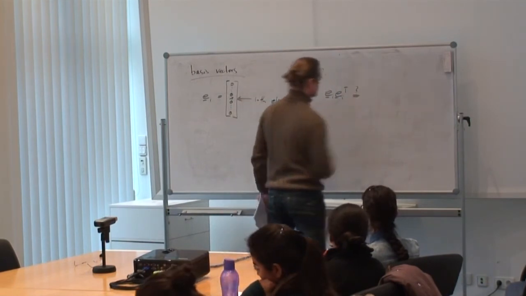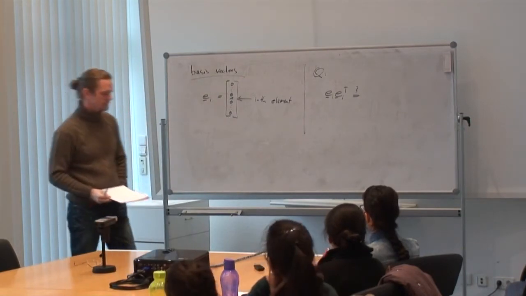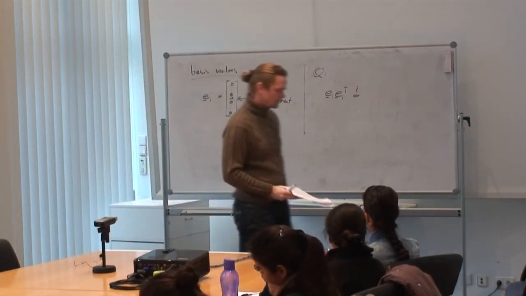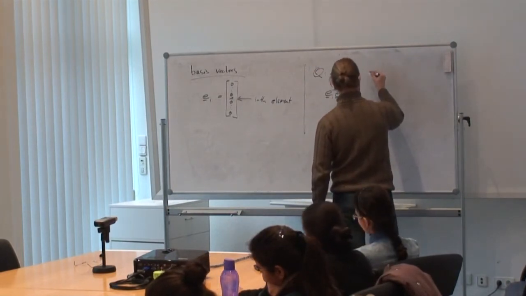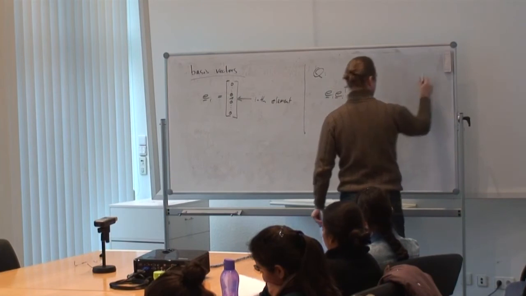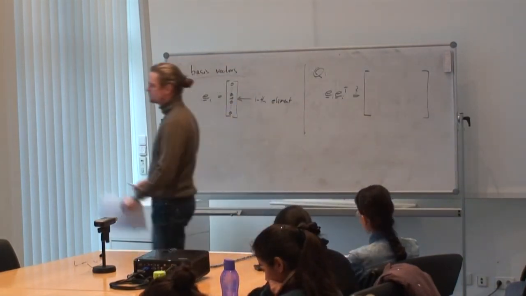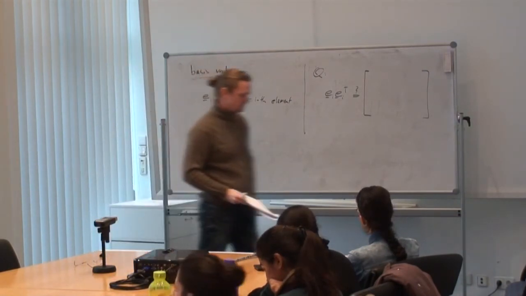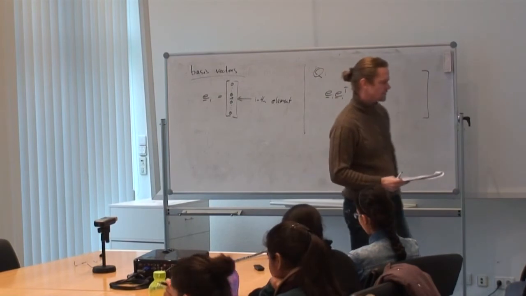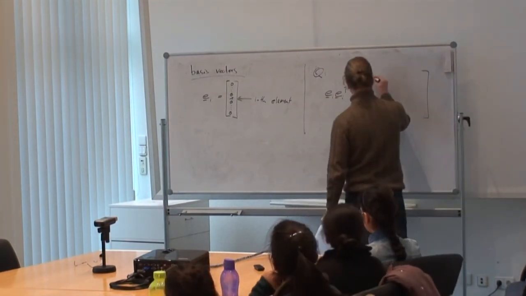What is this? That is our question. Outer product between two such vectors. Well, it will be a matrix. That is something we know for sure. And this one basis vector, which I want to multiply with itself in the outer product manner, contains lots of zeros. Right? So there will be lots of zeros.